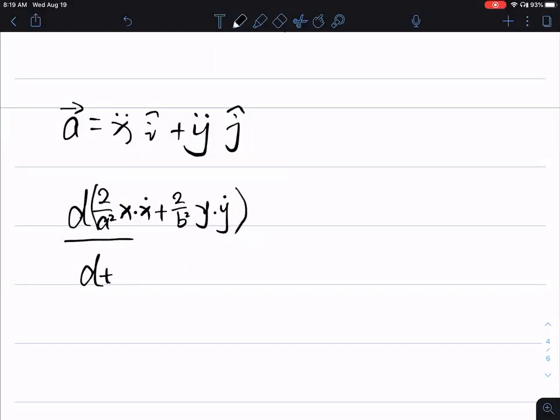Okay, same deal, derivative on both sides of the equation. Since the other side of the equation is 0, the derivative of 0 will still give you 0. All right, now I'll give you two minutes to work this on your own to see if you can find the derivative of this expression here.